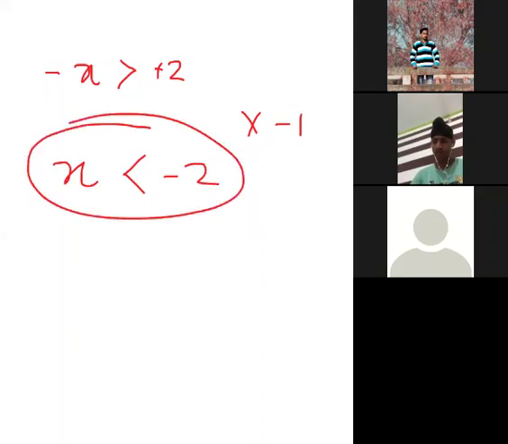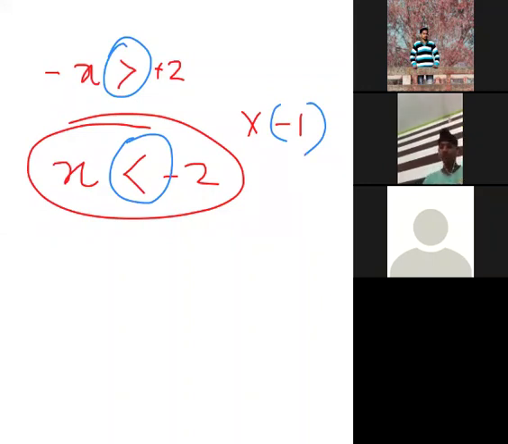Whenever we will multiply both the sides with a negative term, then the inequality symbol will become the opposite. Greater than or equals to will become less than or equals to, or less than or equals to will turn to greater than or equals to.